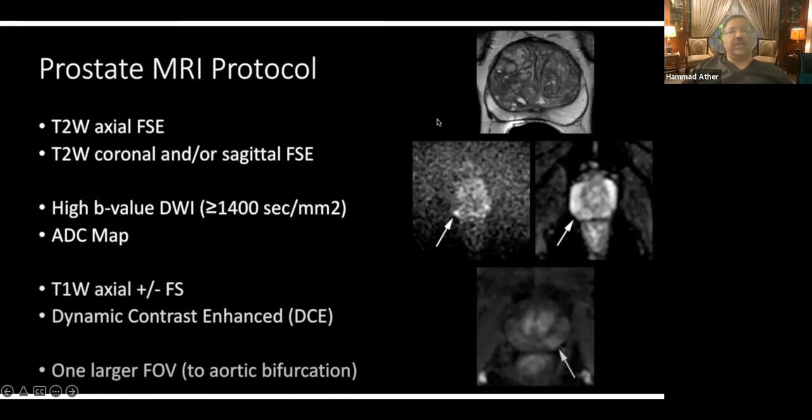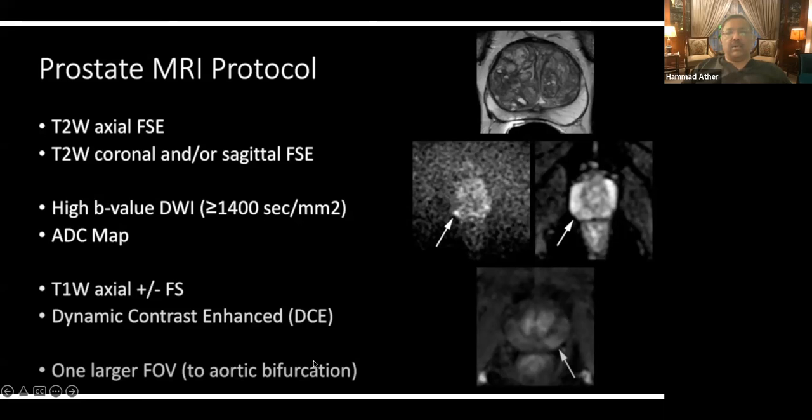So besides this, you need to have high B-value diffusion weighted images, and then the ADC mapping. So T2 weighted, the DWI with ADC map is important. Then you also have T1 weighted images, and these are taken pre and post contrast if you're doing dynamic contrast enhanced MRI scan.